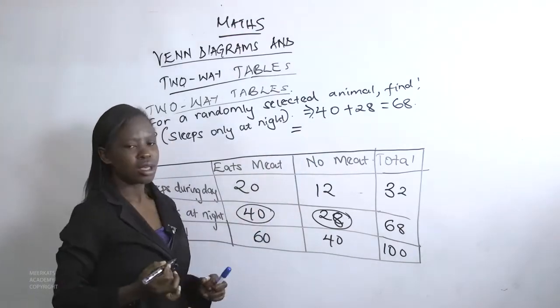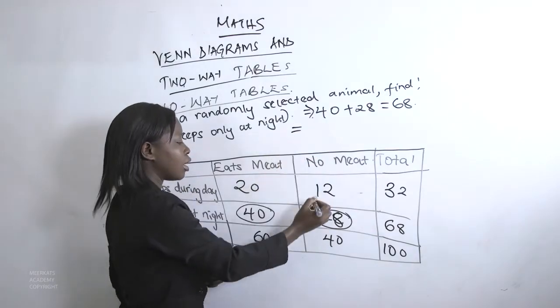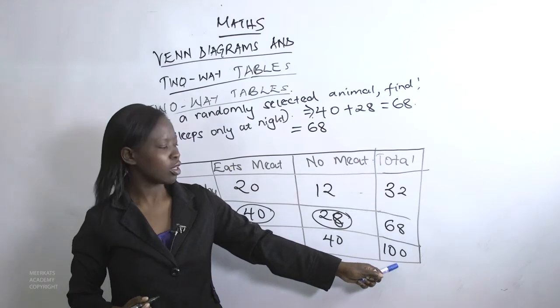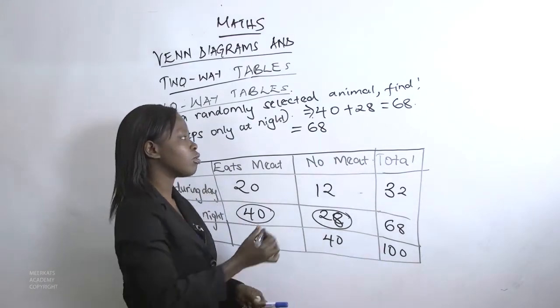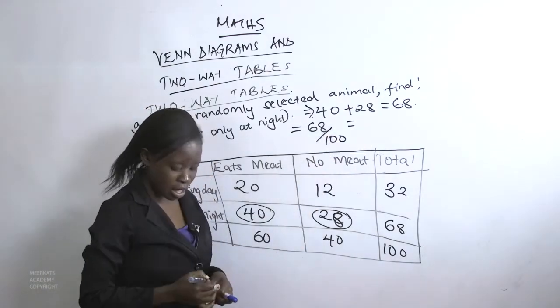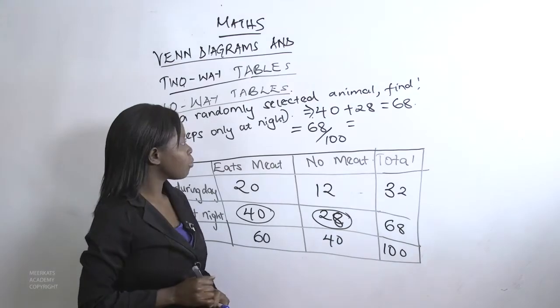That is the favorable outcome. The number of favorable outcomes is 68 over the total number of animals. The total number of animals in this given zoo is 100. So we have 68 over 100 as our probability of the animal sleeping at night.